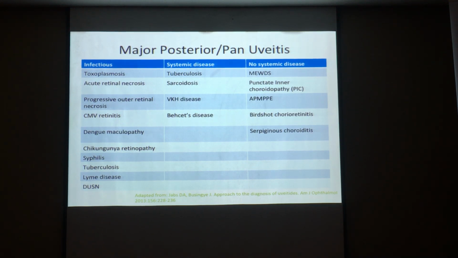These are the kind of diseases which affect the posterior segment, about the origin of which we still don't know anything, very uncertain origin. And the current thinking is that many of these might be triggered by some obscure infections. So maybe during your lifetime, the third column might get merged with the first column.